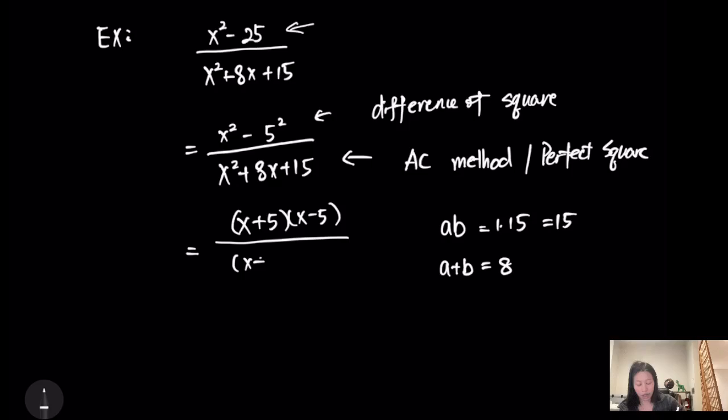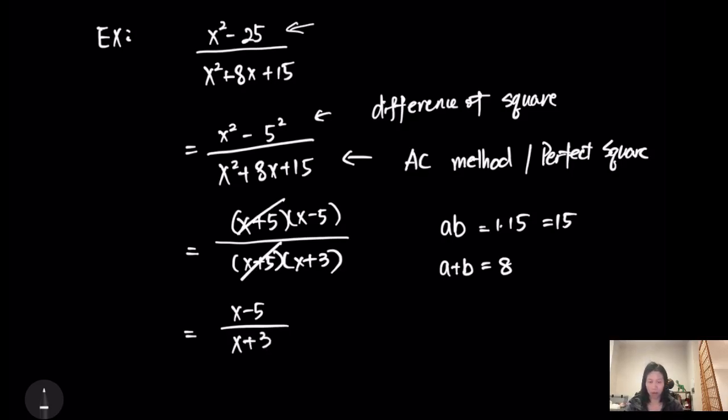That means I can factor this as x plus 3 and x plus 5. Now, after I factor it, take a look. We have the same factor, x plus 5. Now we can factor this out. What's left is x minus 5 over x plus 3. This is the simplest form.